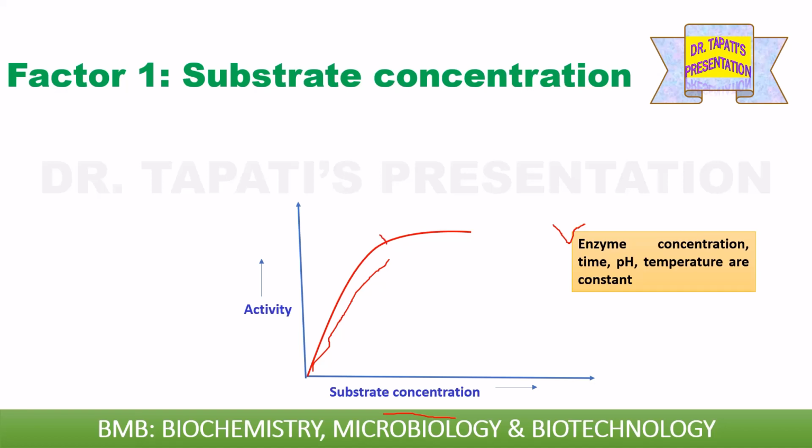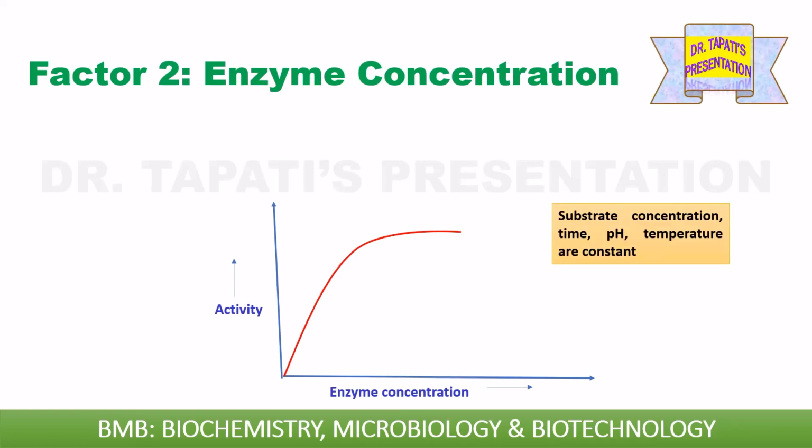After that, further increase in the substrate concentration produces no significant change in the reaction rate because enzyme molecules are completely saturated with the substrate. So this is the pattern of the enzyme activity versus substrate concentration graph.